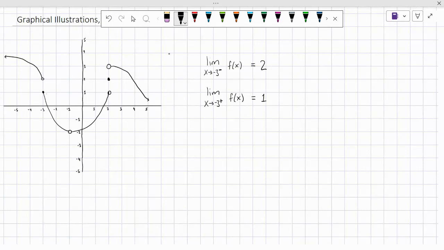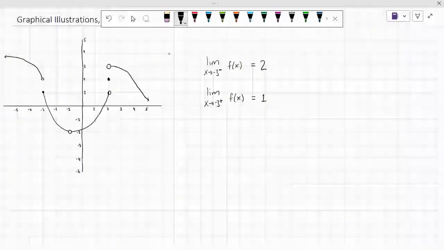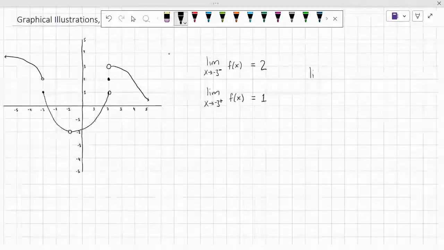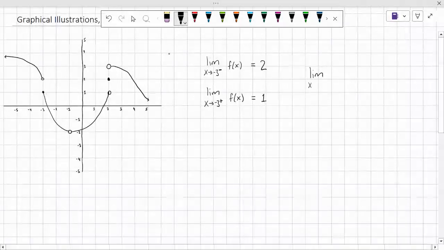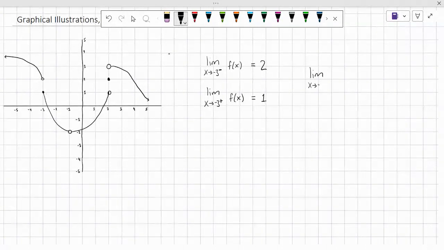Now, because this function is approaching 2 different values as you approach from the left and then from the right, altogether we're going to say that the limit as x approaches -3 of this function f of x does not exist, because the function is not approaching a single value.